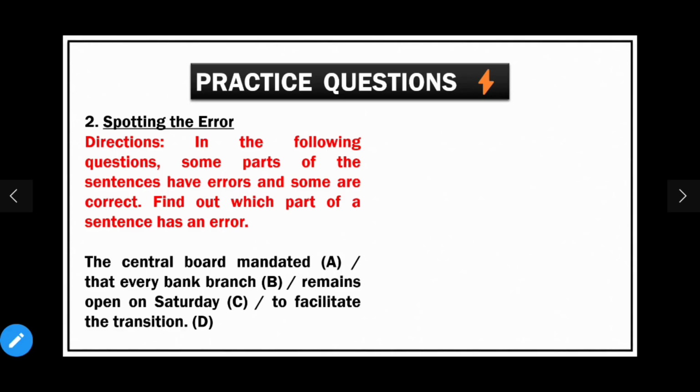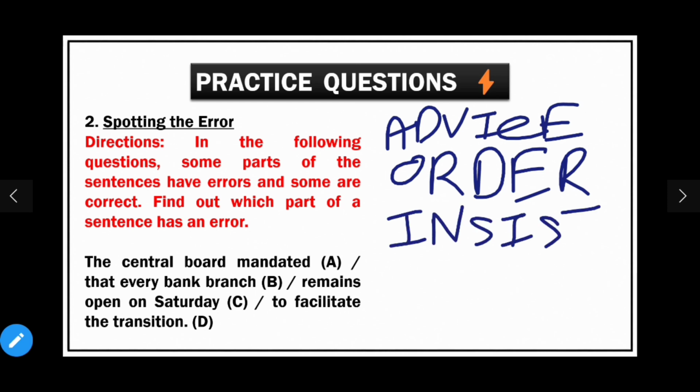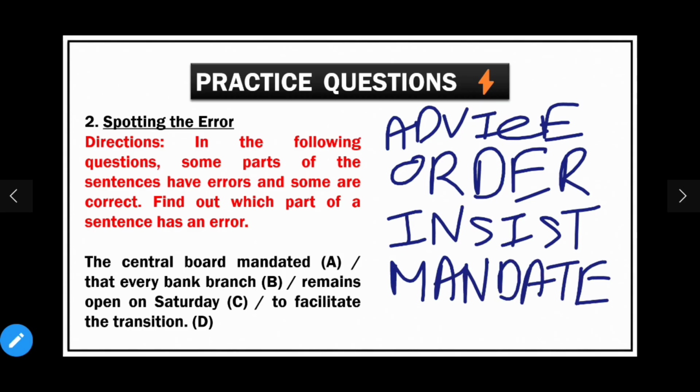We know in subjunctive mood we use some specific words like advise, order, insist, then mandate also. So we have to find out whether they have used this kind of word or not. Yes, they have used this kind of word. It means it is part of subjunctive mood.